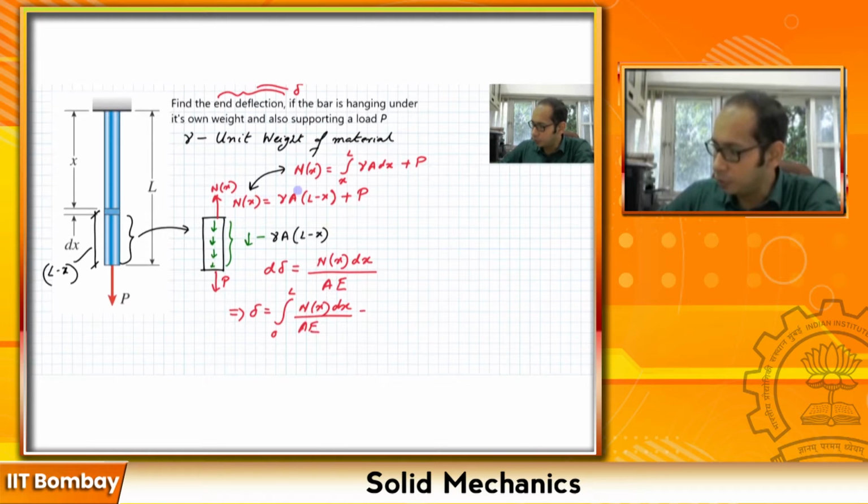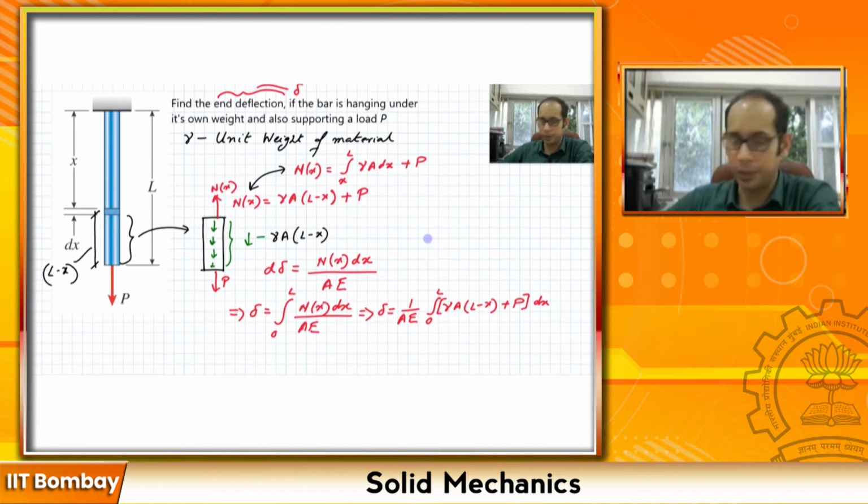So delta will be equal to, I can pull AE outside the integral because it's a constant, 1 by AE times the integral from 0 to L of gamma A times L minus x plus P, and this entire thing with dx over here.